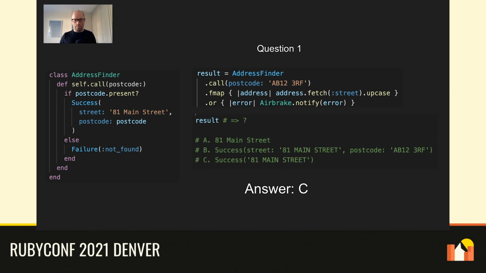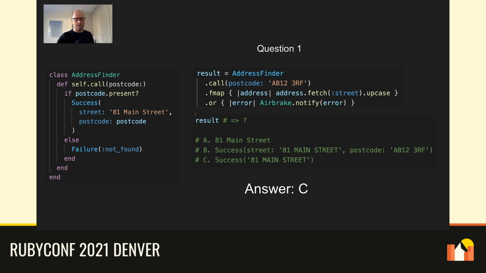So the address variable in fmap will return a hash with street and postcode in it. It fetches the street, so that will be 81 Main Street, and then it upcases it. And remember, fmap wraps it back up in success again. So we get 81 Main Street, all in caps, wrapped with a success.